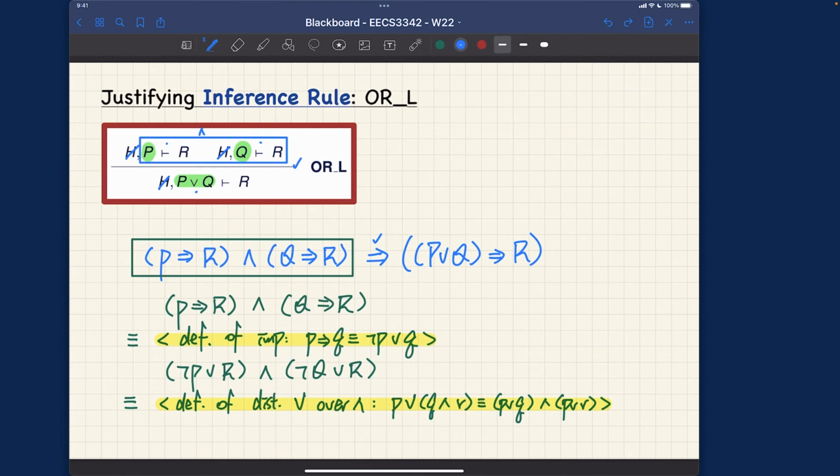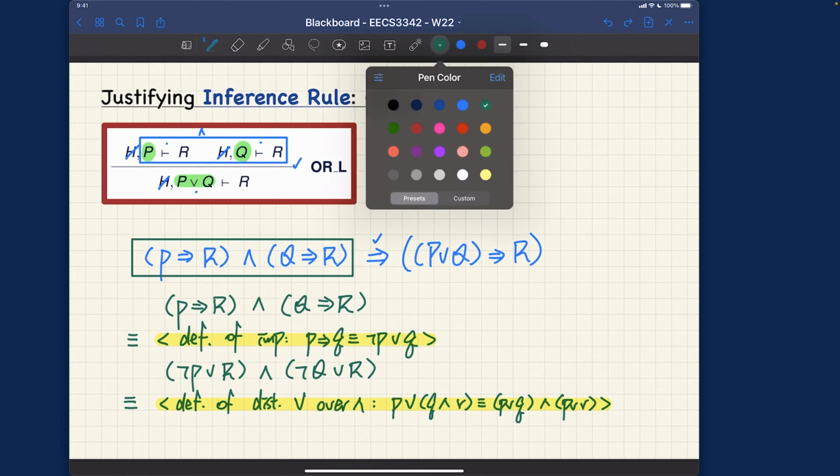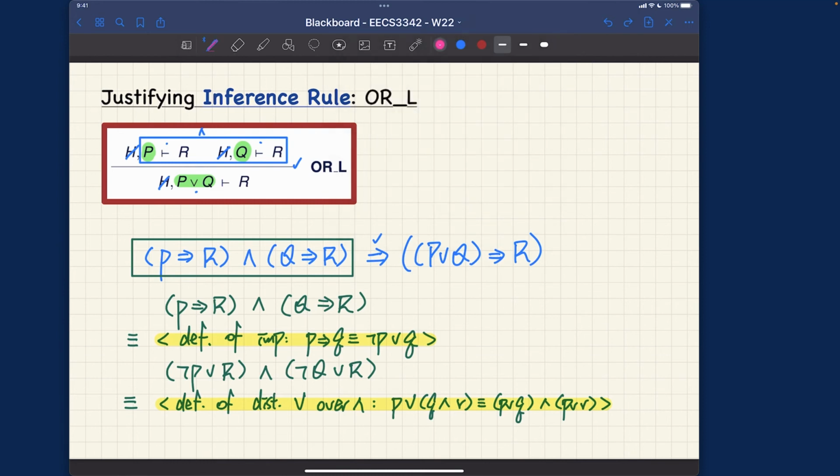Okay, so let's say here, what we have is, you can think about the P here and the P here. The same P really corresponds to the R over here. And the Q here, the R here really corresponds to this one and also this one over here. And what should that be equivalent to?